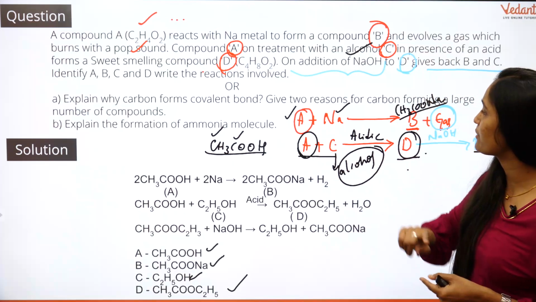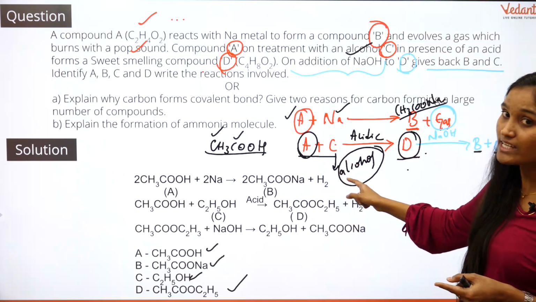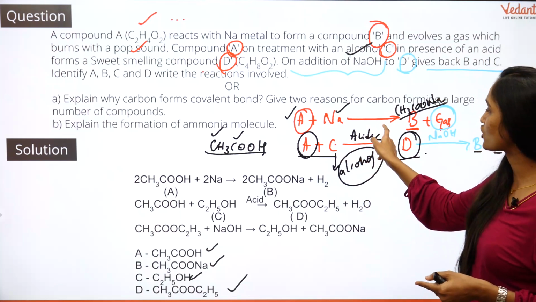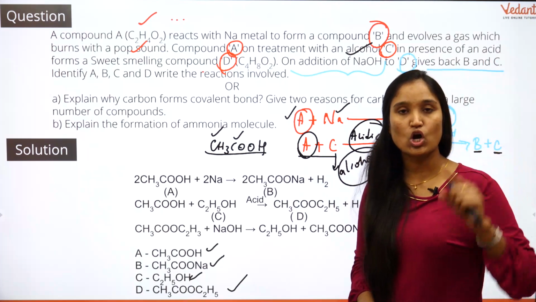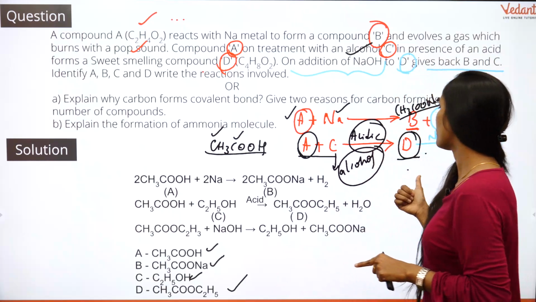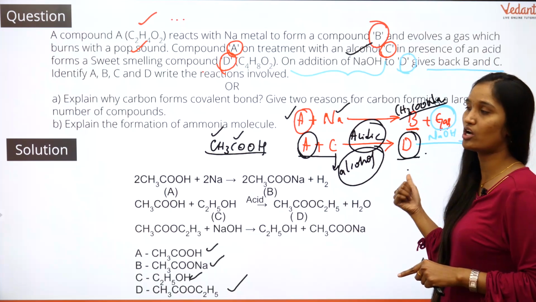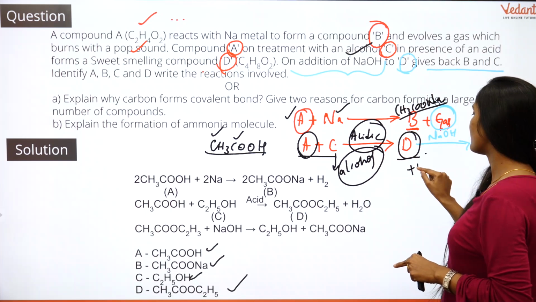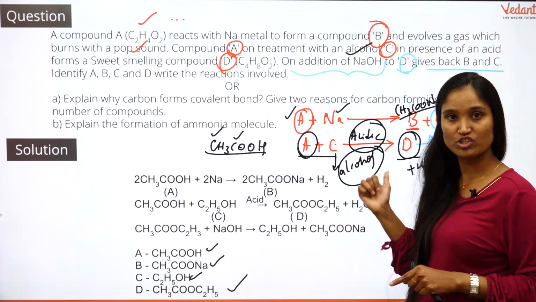Now you're taking the same A along with C, which is an alcohol, and you're conducting a reaction in acidic medium, which is called esterification, leading to formation of a sweet smelling agent called ester. And one more thing, there will be a byproduct obtained here as well, which is water.